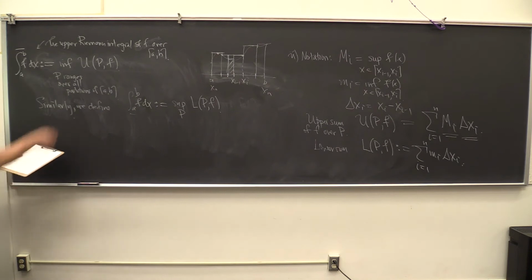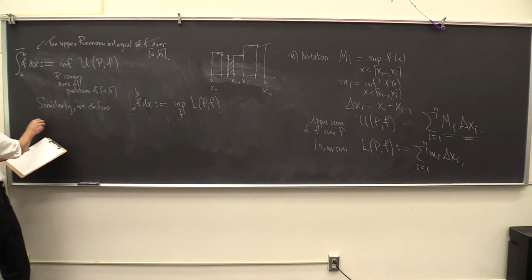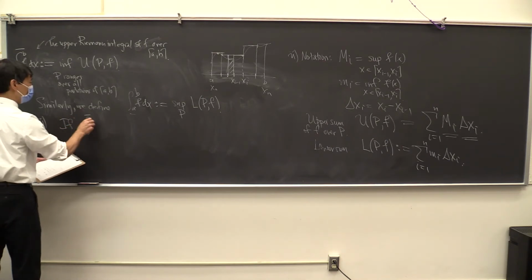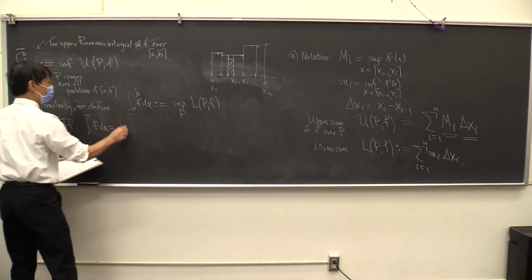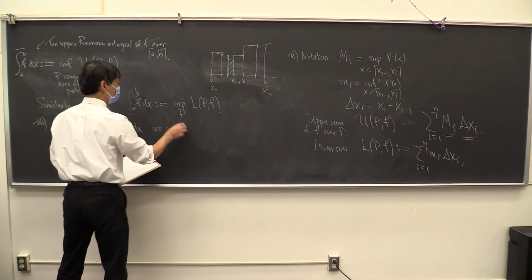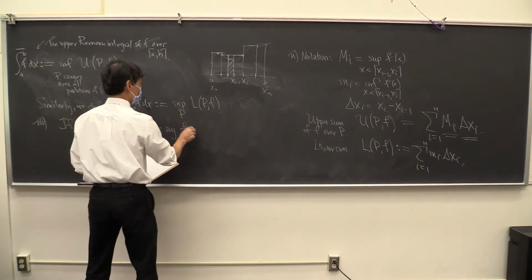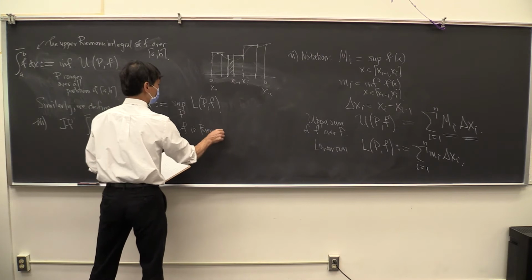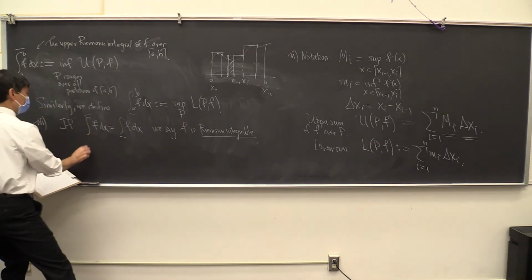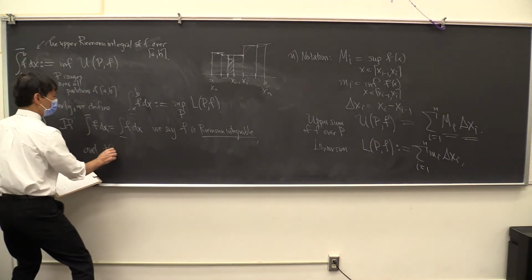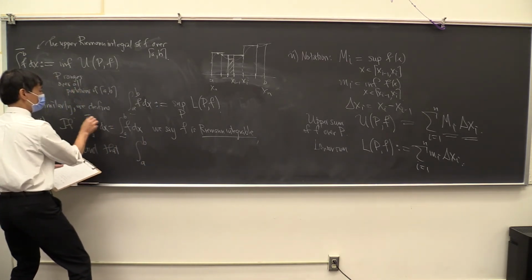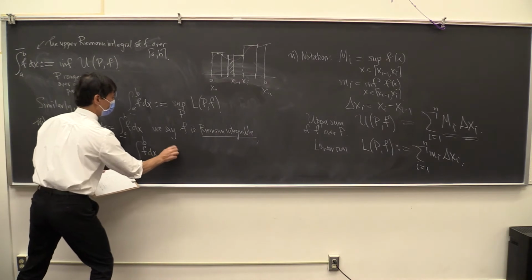Okay, so here's the main definition. Definition number 3: if the upper integral and the lower integral are equal, then we say that f is Riemann integrable, and that its integral is that value.